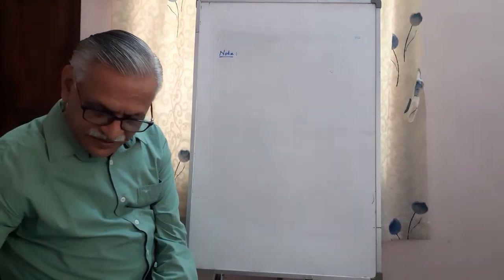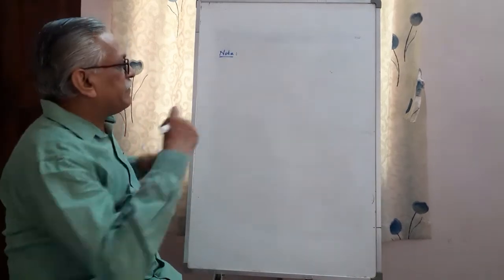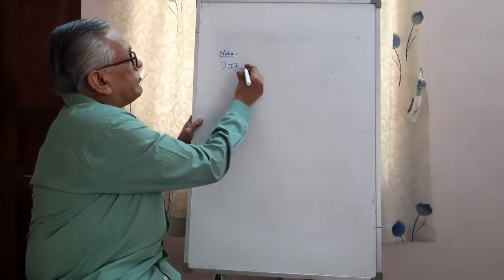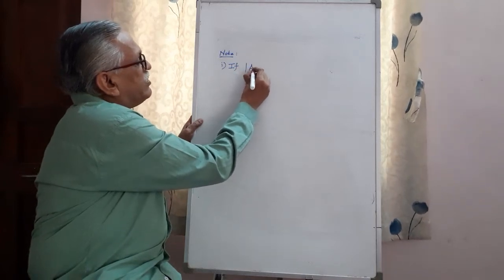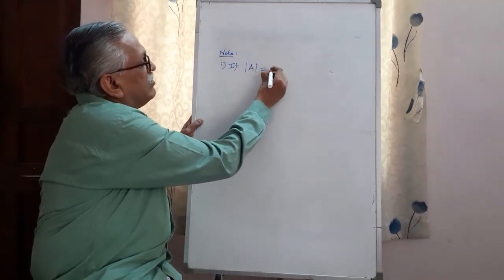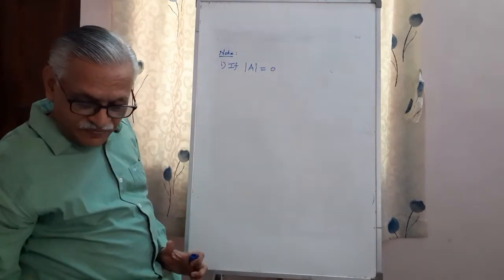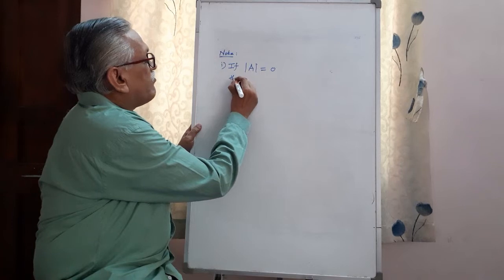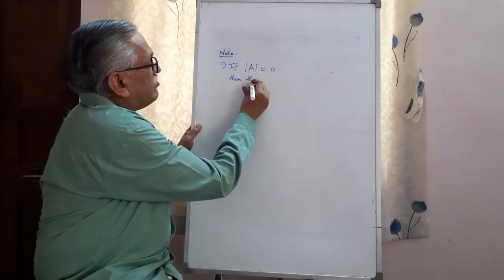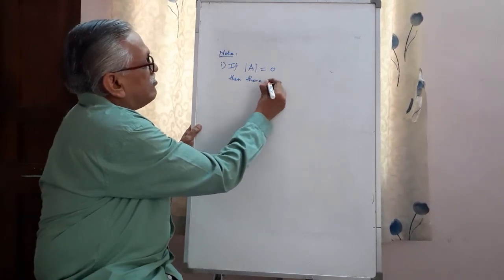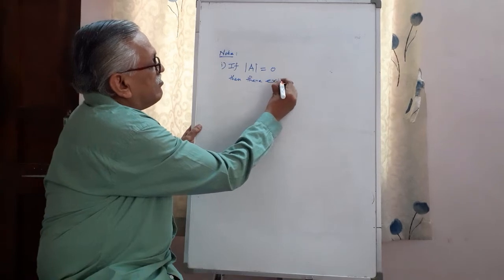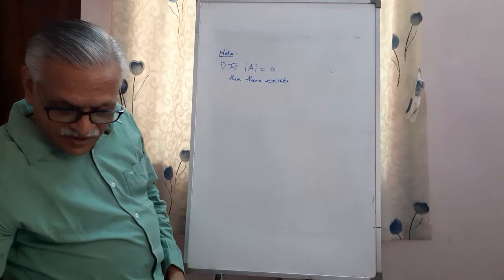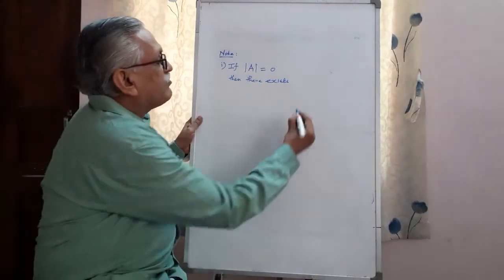That note is like this: if determinant of A is equal to 0, then there exists an infinite number of solutions.